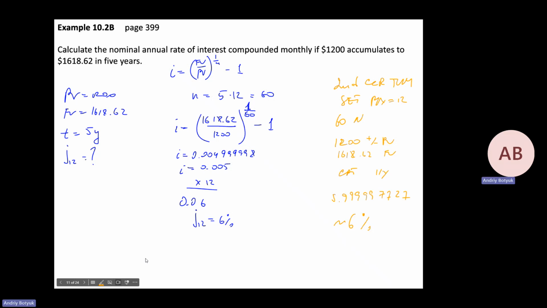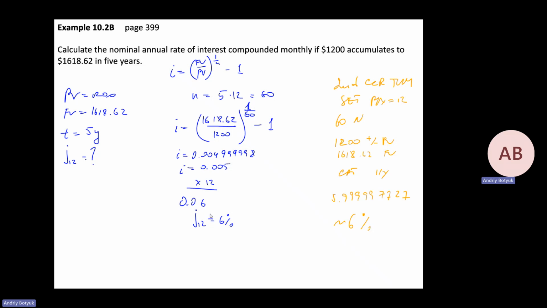Quite often people say, I forgot to find J. So don't. If you keep 1 over 60, that's over 60 months. If I give 1 over 5, where did you get 1 over 5?